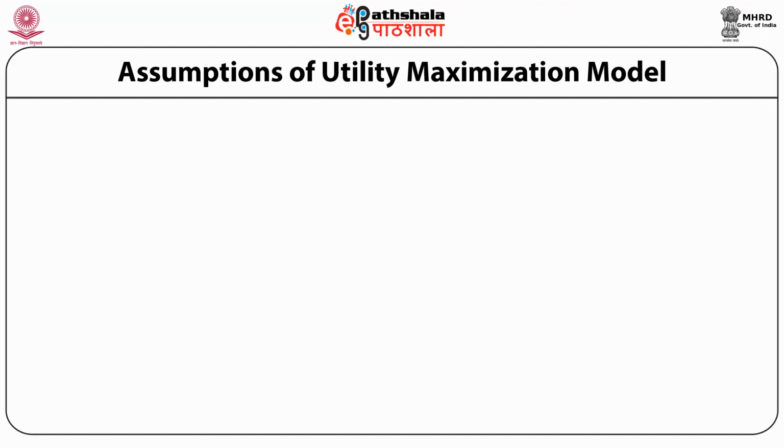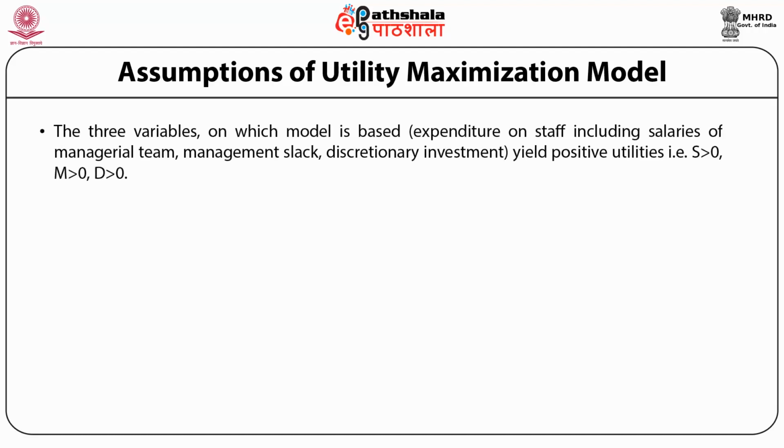The first one is that the three variables on which the model is based, that is, expenditure on staff including salaries of the management team, management slack, and discretionary investment, yield positive utility, which means S is greater than or equal to 0, M is greater than or equal to 0, and D is also greater than or equal to 0.